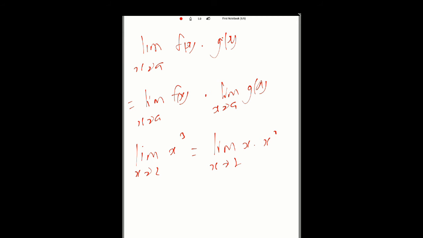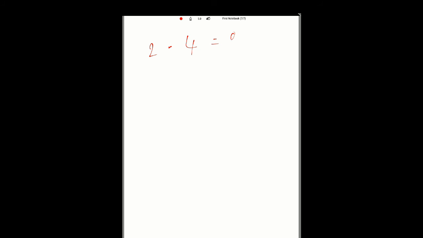And based on the property of the limit of products that we learned about a while ago, that would imply that we have the limit of x as x approaches 2 times the limit of x squared as x approaches 2. And we know that the limit of x as x approaches 2 is 2, and the limit of x squared as x approaches 2 is 4, leaving us with 8.